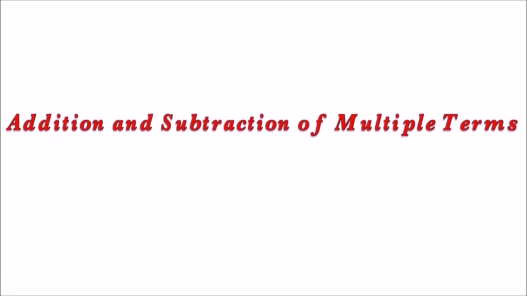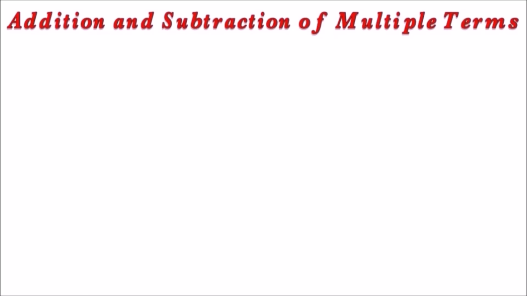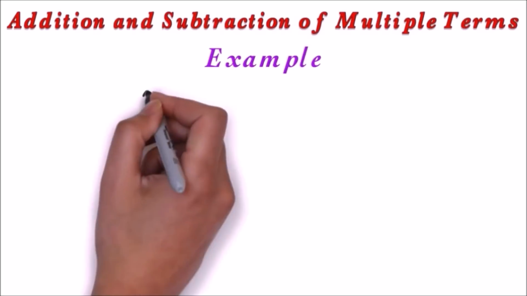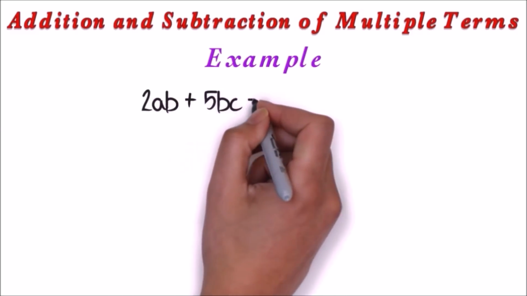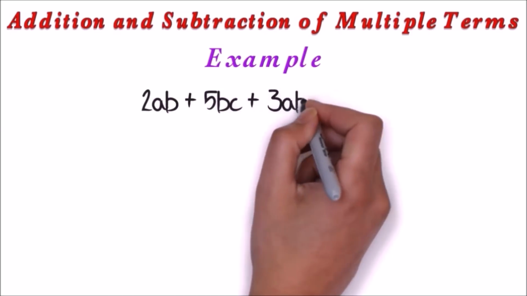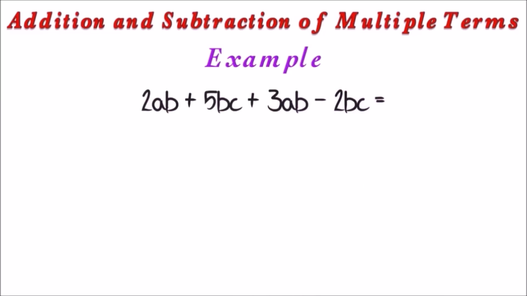Addition and subtraction of multiple terms. Like the way we added multiple numbers in basic math, we might have to add multiple terms in algebra. Let's try this. 2ab plus 5bc plus 3ab minus 2bc.